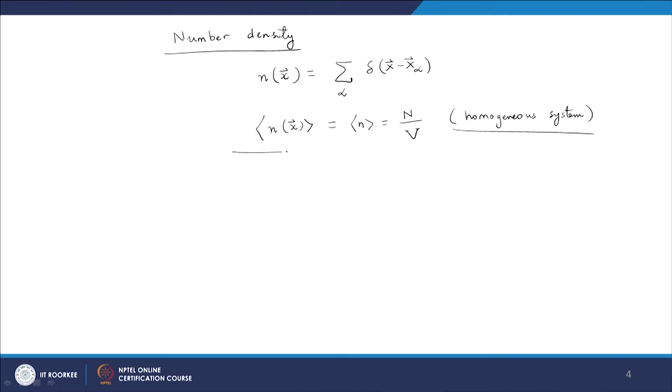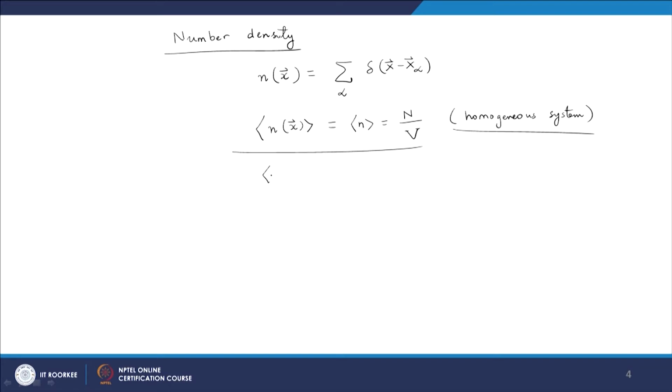This is not true for a solid, because in a solid there are only particular positions in space where the molecules can be, they cannot be anywhere. So, if I take an ensemble average, we still see vacancies in between where the number density remains 0. So only for homogeneous systems can we make this approximation.